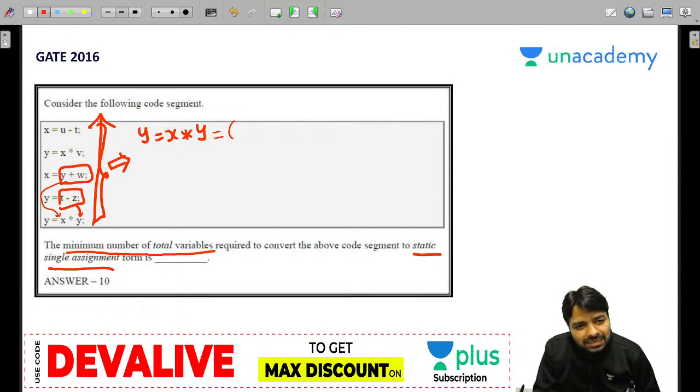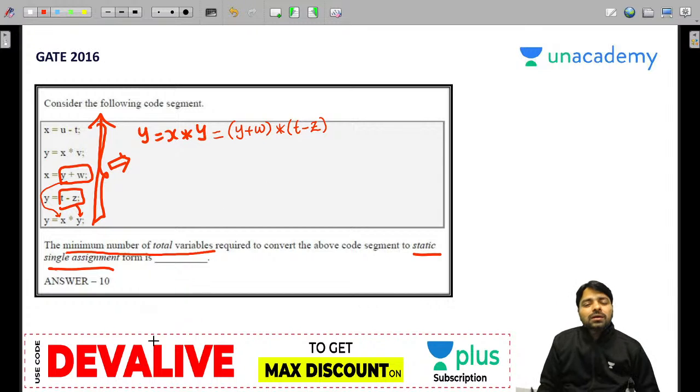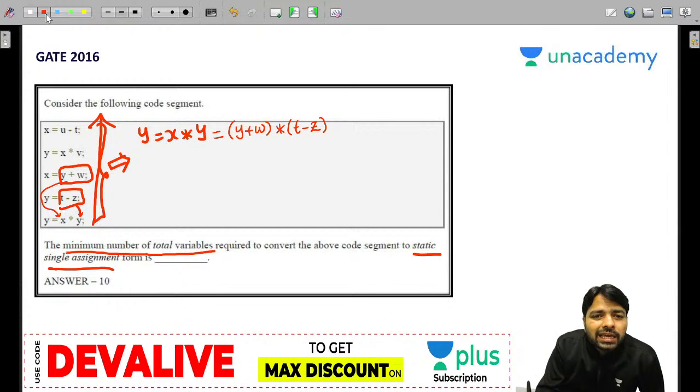So x is y plus w and y is t minus z. Put parentheses immediately. Remember, you have to focus on each one separately.